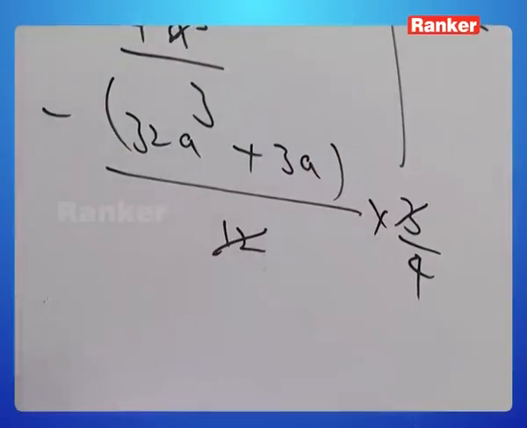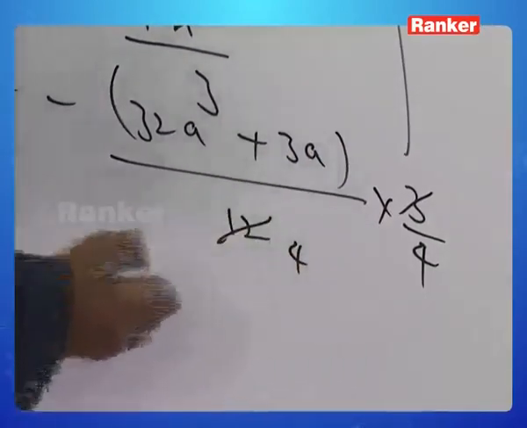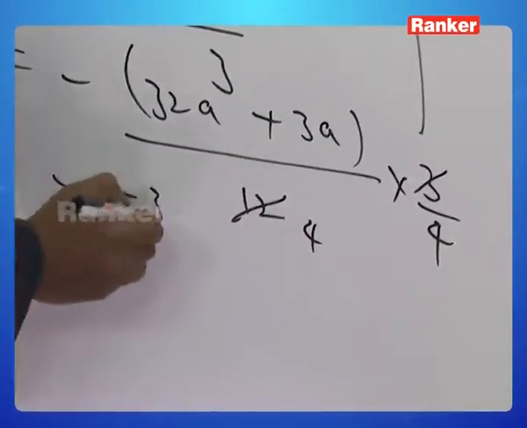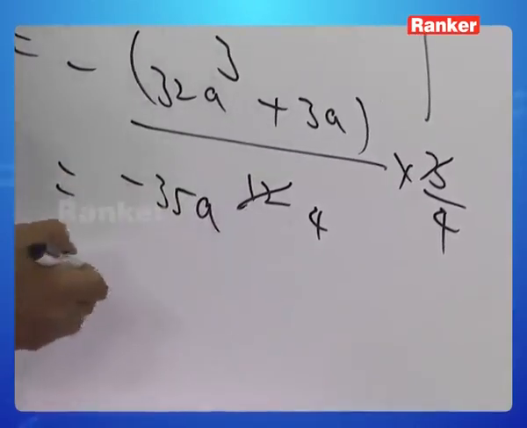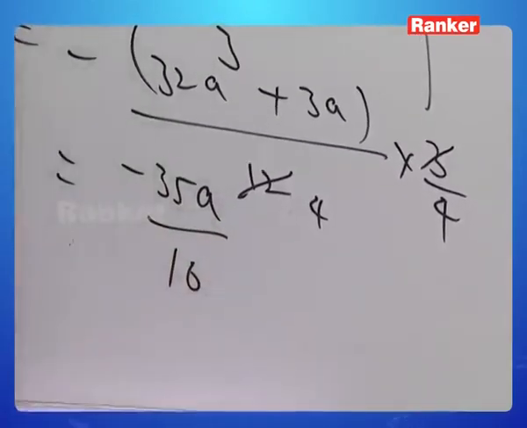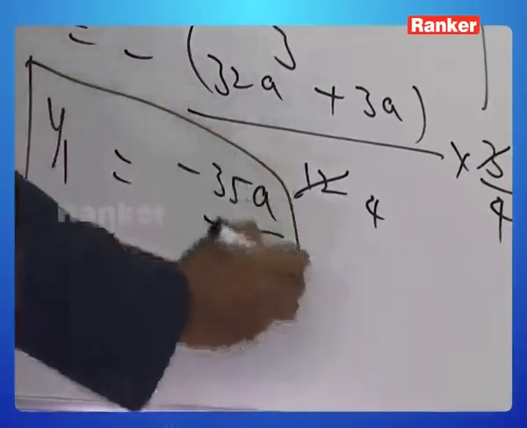Again further we have a 3 cancelling with the 4 here. So that makes it minus 35a by 16. So y1 is equal to minus 35a by 16.